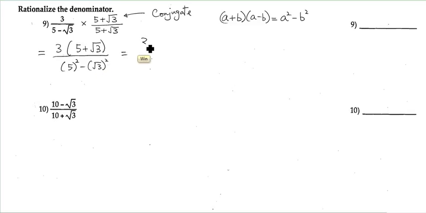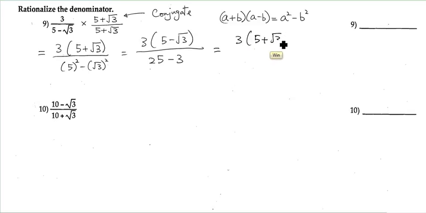So let's continue. That would be 3 times 5 plus radical 3, the whole thing over 25 minus 3. So that becomes 3 times 5 plus radical 3.